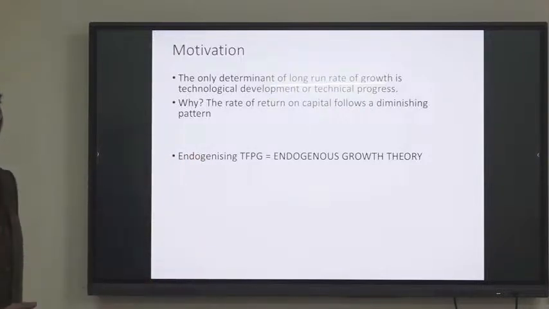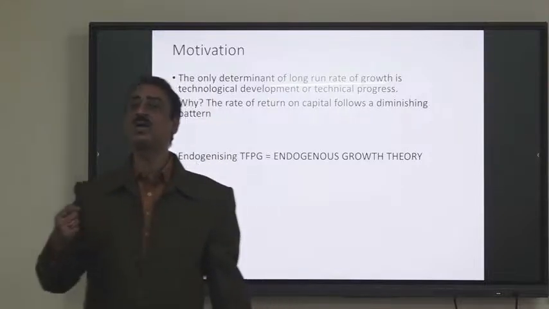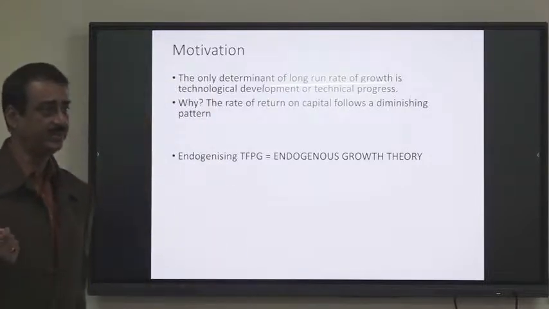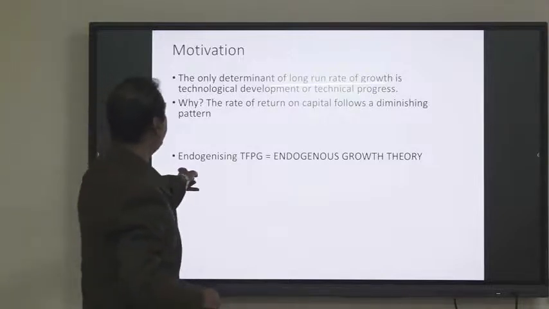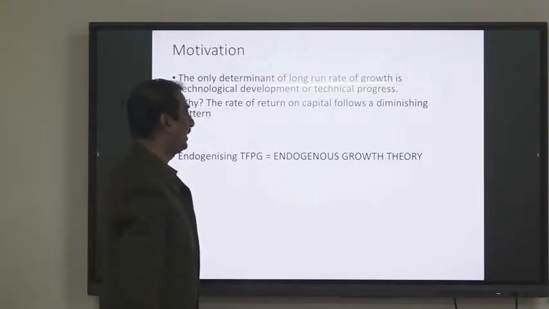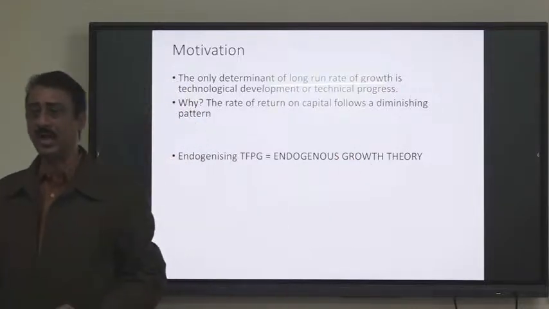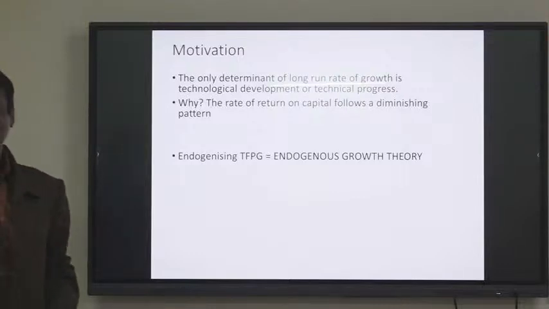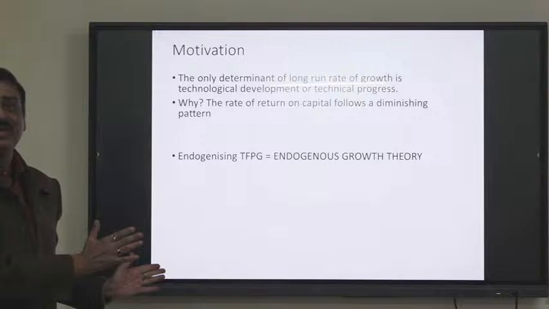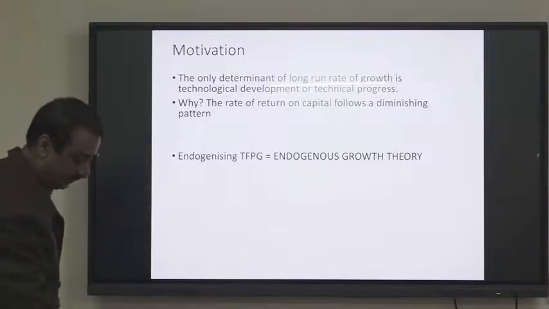That's not the right criteria. The right criteria is the total factor productivity growth. So, what are the determinants of total factor productivity growth should be the key question. So that is why we say endogenizing total factor productivity growth is same as endogenizing growth theory. I'm not saying growth is same as total factor productivity growth. What I am saying, the determinants of economic growth can also be taken as the determinants of total factor productivity growth, the causes, the contributors.